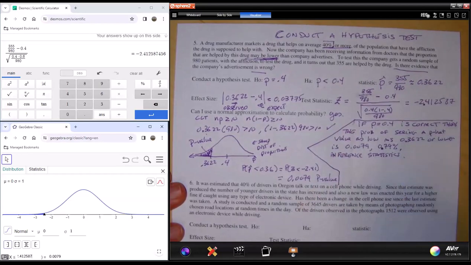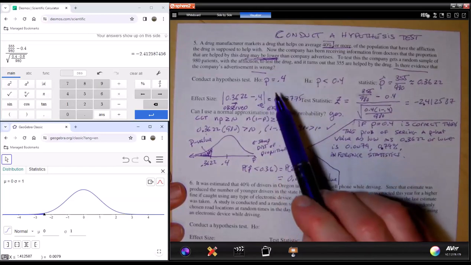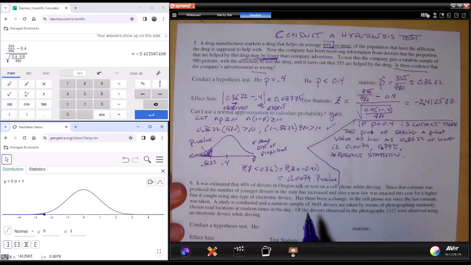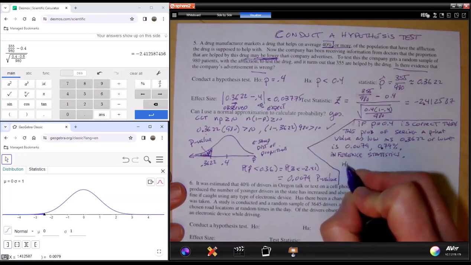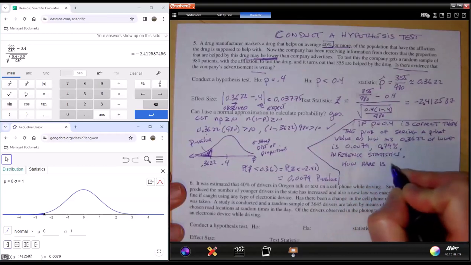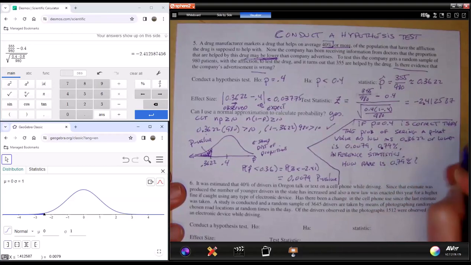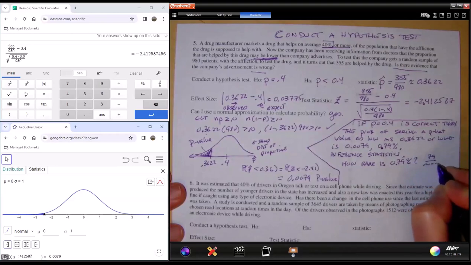The p-value does not tell you if the null hypothesis is correct or incorrect. It cannot tell you that. Let's think about 0.79%. How rare is this? Well, that happens less than 1% of the time. That's 79 out of 10,000.